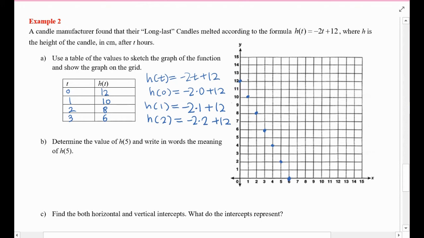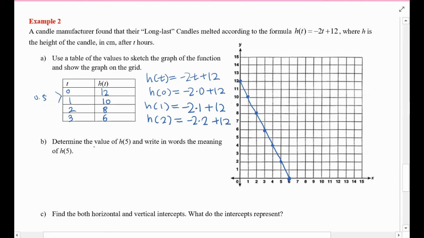For example, the candle should have a height when it is 0.5 hours, right? So there should be a point in between 2 points. Therefore, we have to join the points. This is continuous data because the height is measurable, not countable, right?